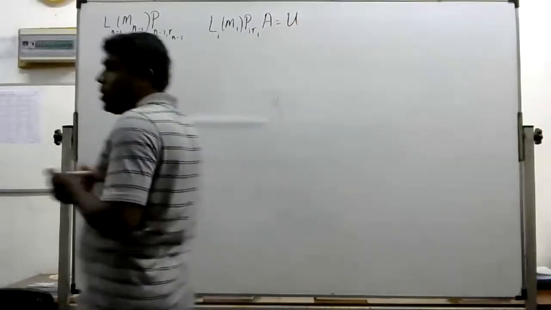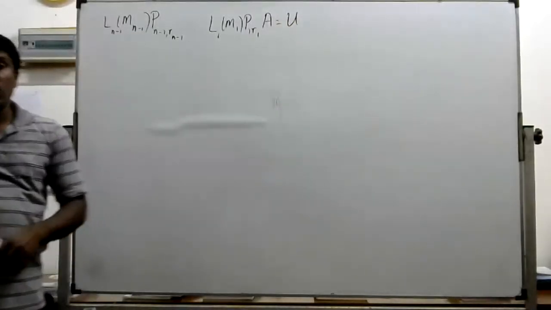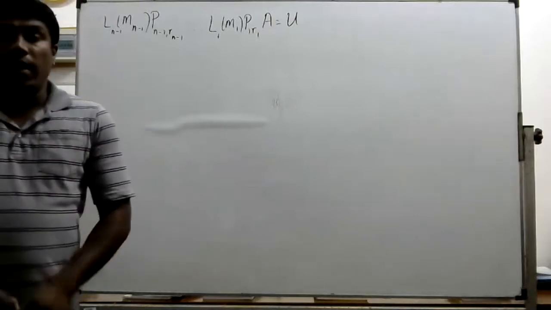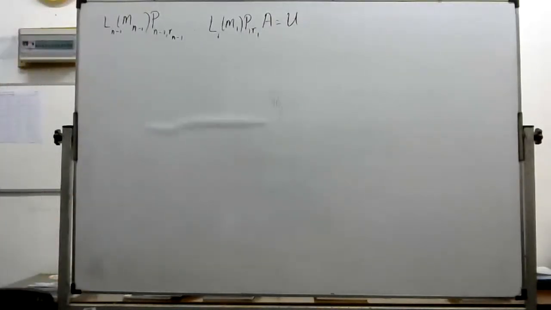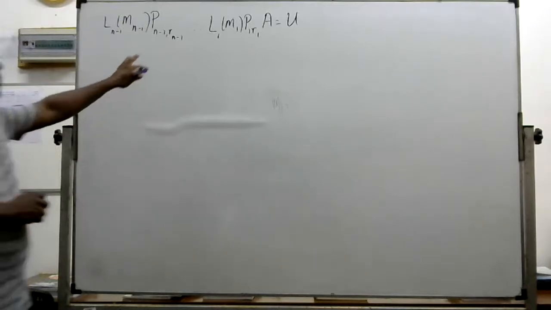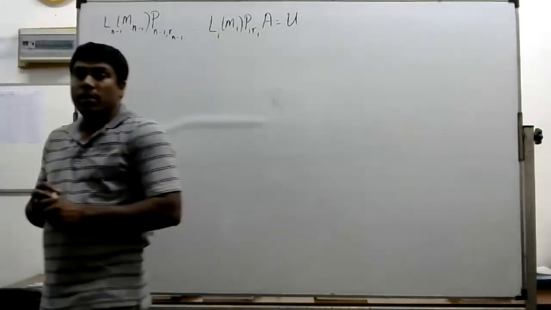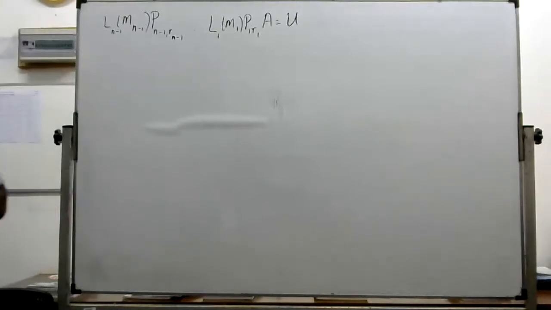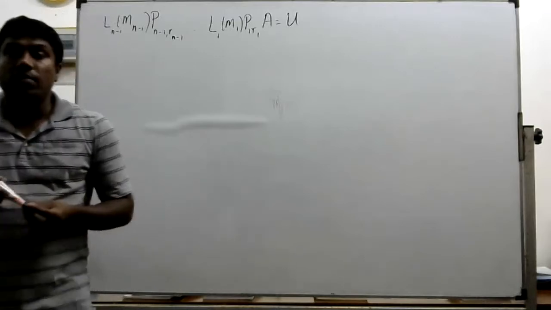Right, so we wanted to show that an elementary lower triangular matrix multiplied by an elementary permutation matrix gives you an upper triangular matrix.